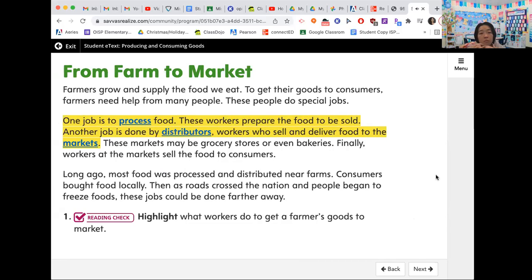These markets may be grocery stores or even bakeries. Finally, workers at the markets sell the food to consumers. Long ago, most food was processed and distributed near farms. Consumers bought food locally. Then, as roads crossed the nation and people began to freeze foods, these jobs could be done farther away.